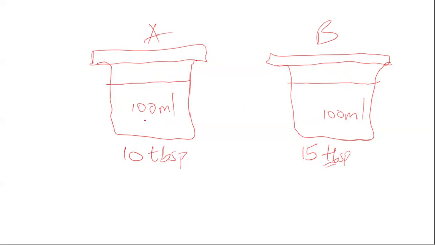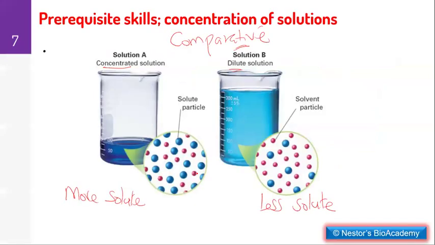If I am to compare the two solutions, which one has got a greater concentration of solids? Obviously, it is B. So therefore, we say B is concentrated compared to A, and A is dilute compared to B.